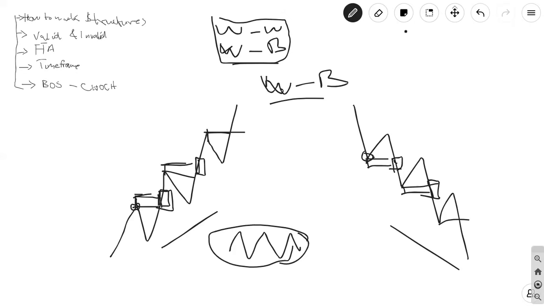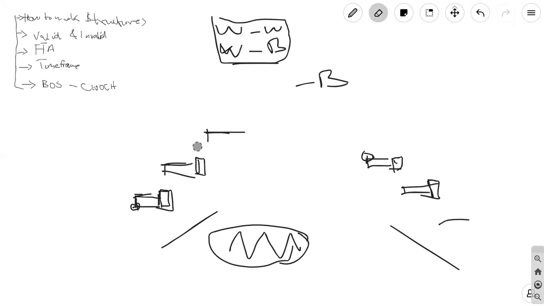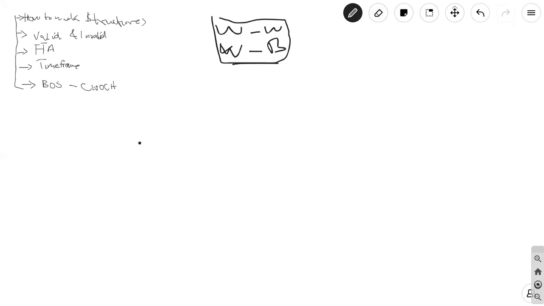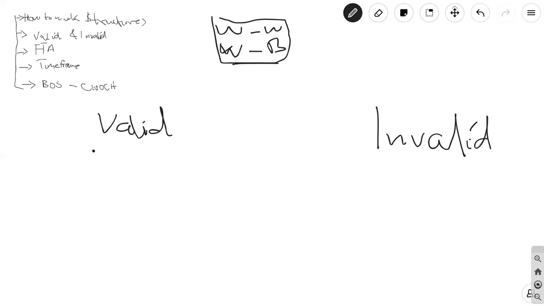Now, going on to the second thing, where we try to differentiate between a valid break of structure and an invalid break of structure. Normally we use these types of break to identify the valid and the invalid break of structure.